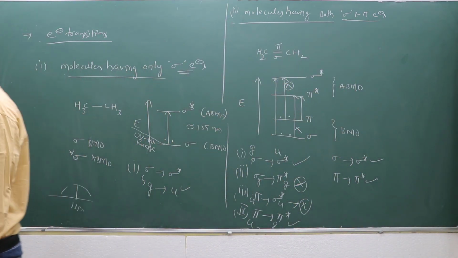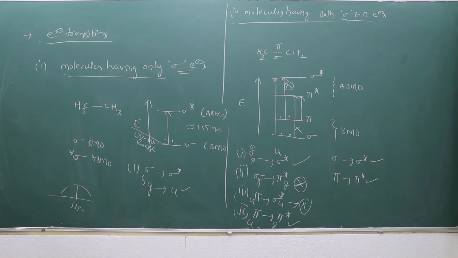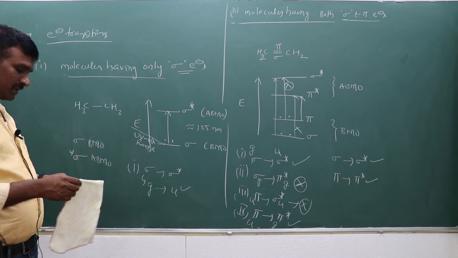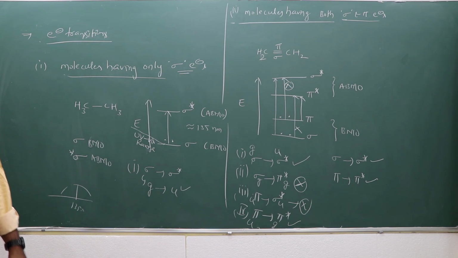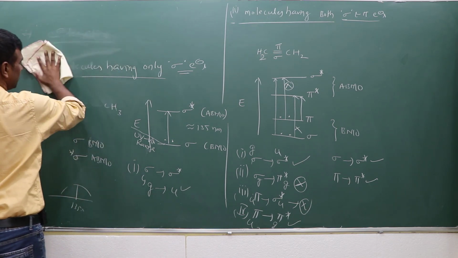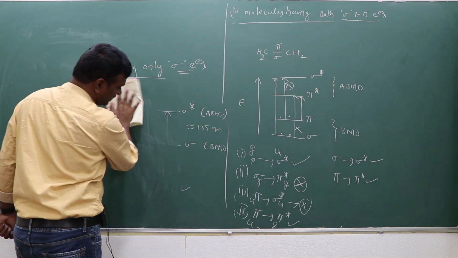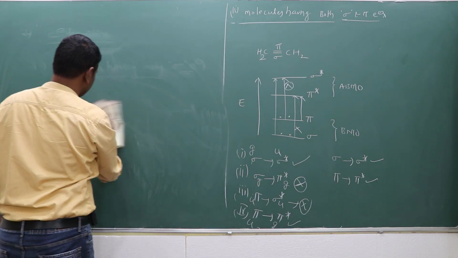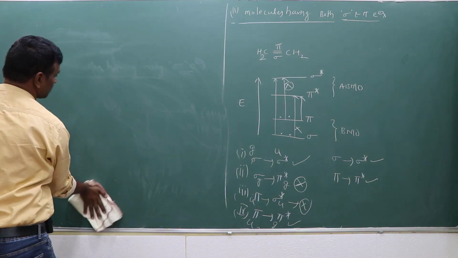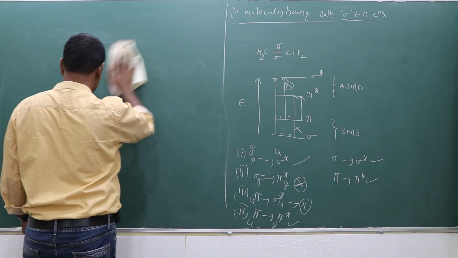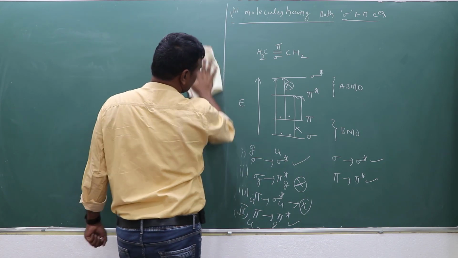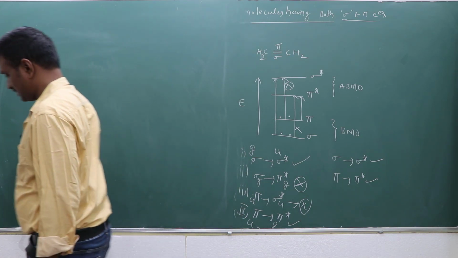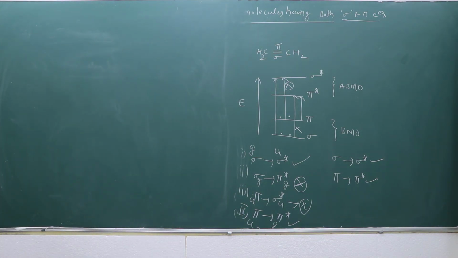Another case is a molecule having, in addition to sigma and pi electrons, lone pairs of electrons. If it has lone pairs of electrons, what will happen?